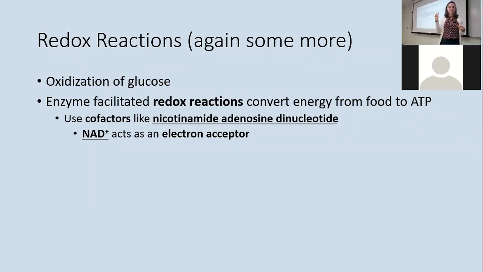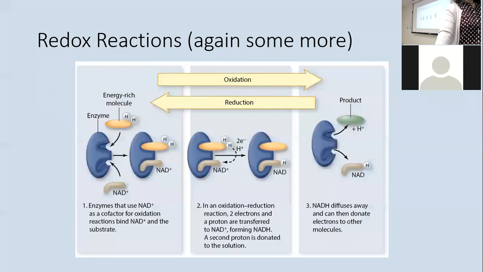So we'll see NAD+, and we've got a little friend, FAD, that will do kind of the same thing, which we'll see later. We have these cofactors that are helping with these redox reactions. Don't get too bound up in this mechanism.